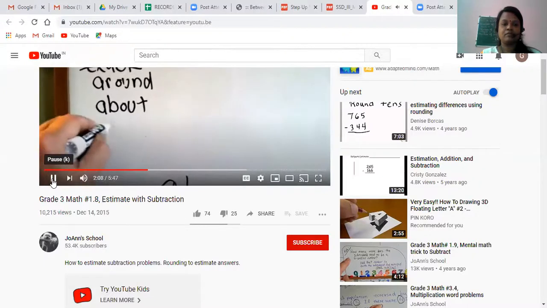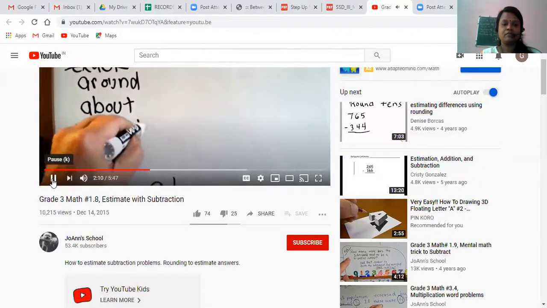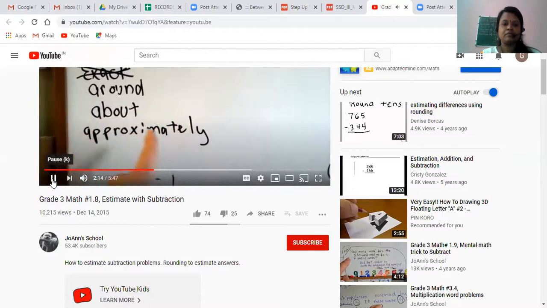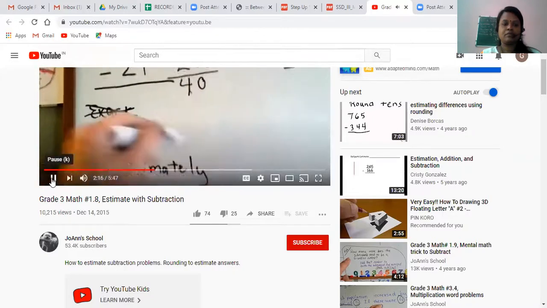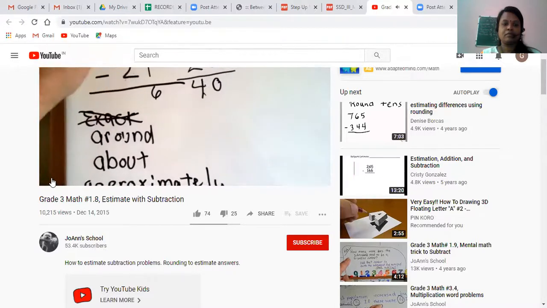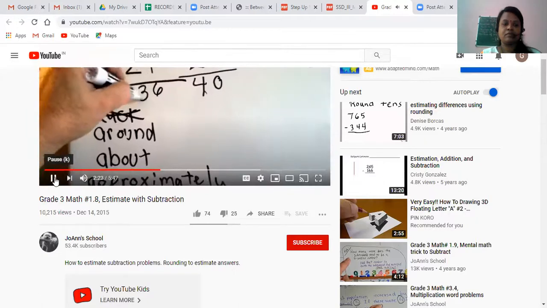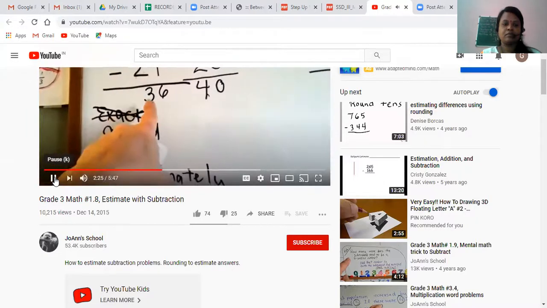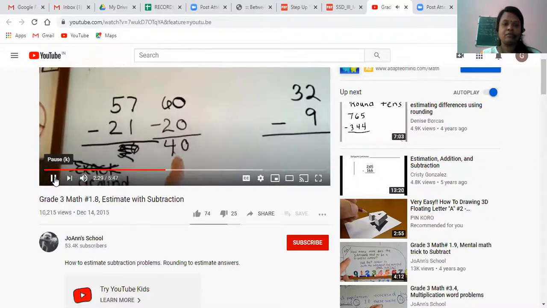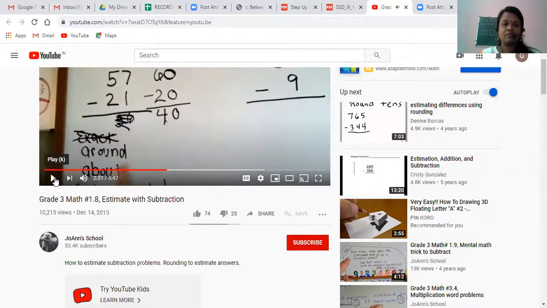You can also say it's approximately that number. If we did it for real, 7 take away 1 is 6, and 5 take away 2 is 3. The real exact answer is 36, okay? But we're doing estimates, so the answer is around 40, okay?